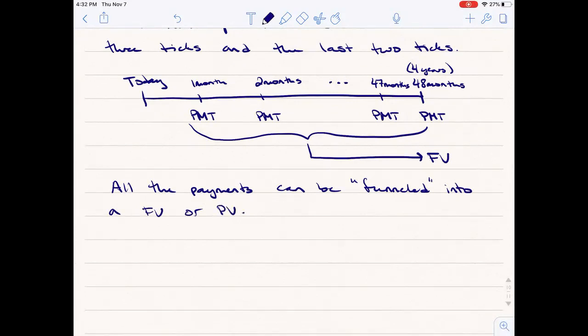In this case, a future value. And then same thing, I'm going to put N is 48. I already had to find that N, but I'm just going to put it on the arrow. That's the number of payments. If I'm making monthly payments for 4 years, I've got 48 payments.